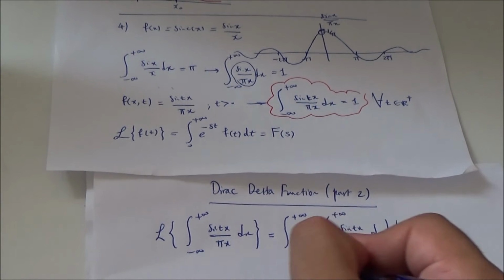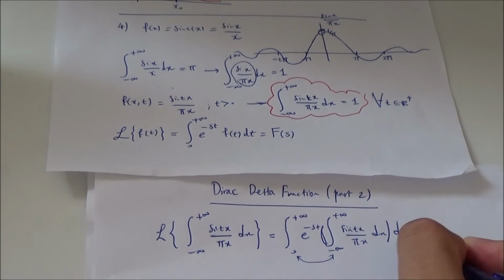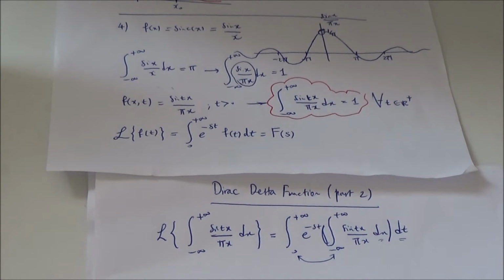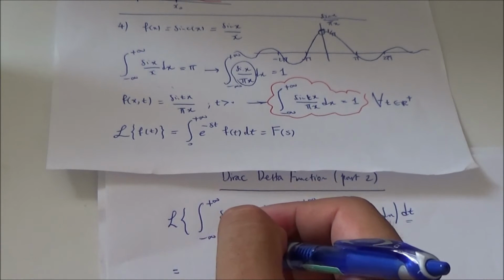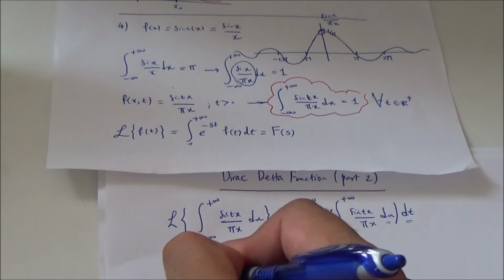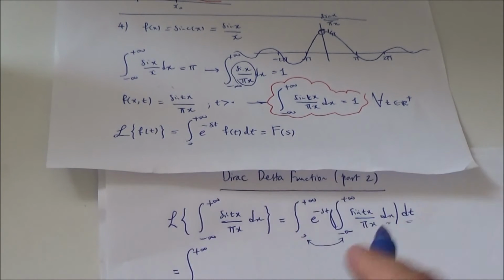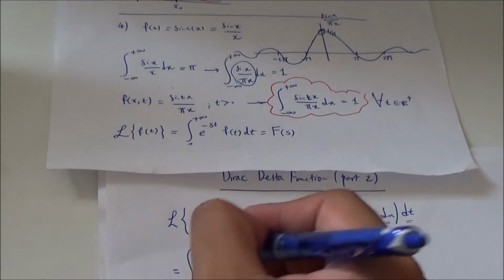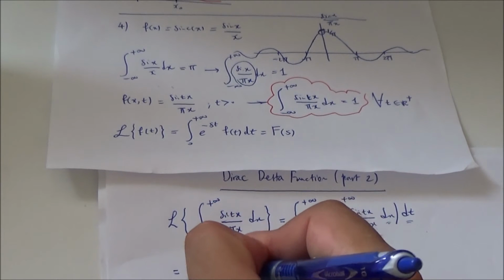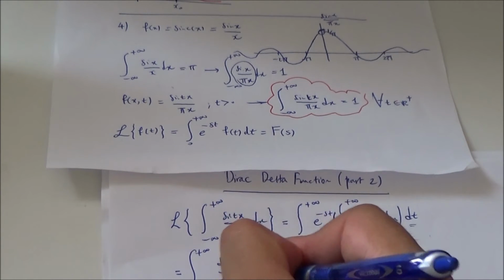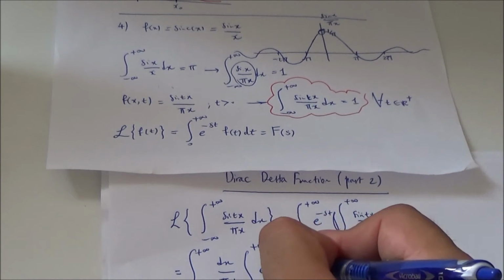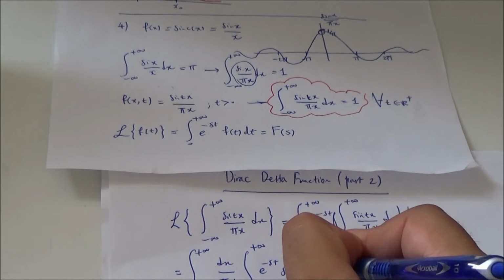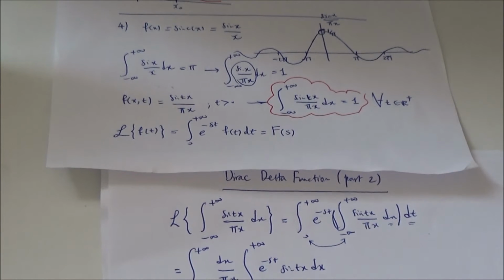If I change the order of integration between x and t, I can write the result as the integral from minus infinity to plus infinity. So first of all, I integrate with respect to x rather than t, and I will have dx over pi x times the integral from 0 to plus infinity of exponential of minus st sine of tx dt.